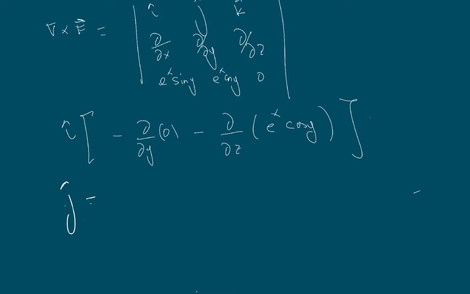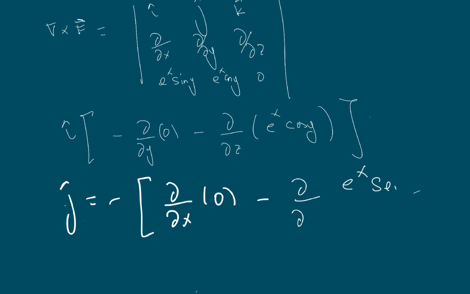Okay, the j component is minus the derivative with respect to x of 0, which is 0, minus the partial derivative of e to the x sine of y with respect to z, which is again 0 because this doesn't depend on z. So the j component is 0.